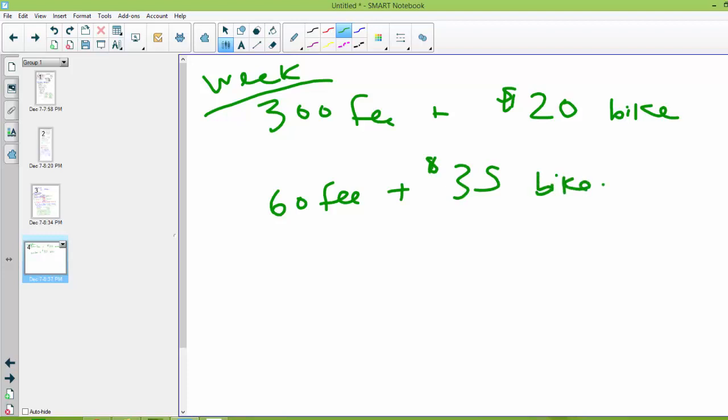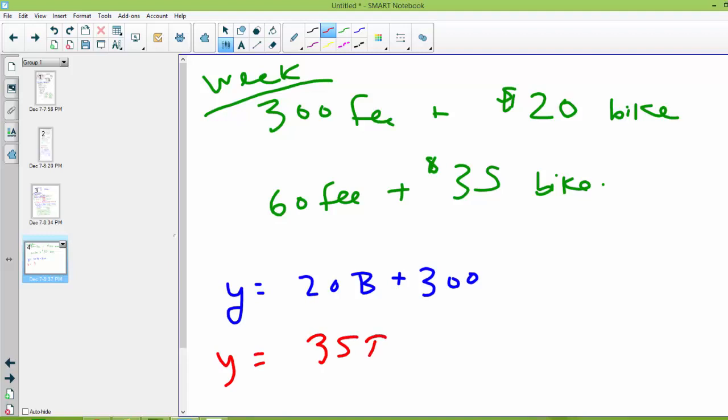All right, so we're going to write the two equations. So the first equation would be y equals 20 bike plus 300. And the second equation would be y equals $35 per bike plus 60.